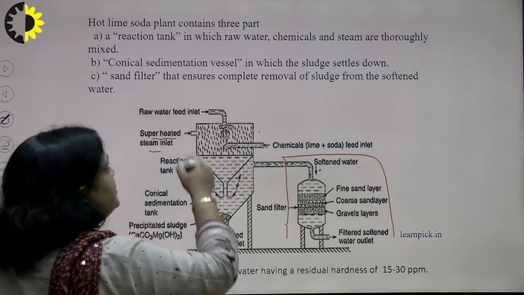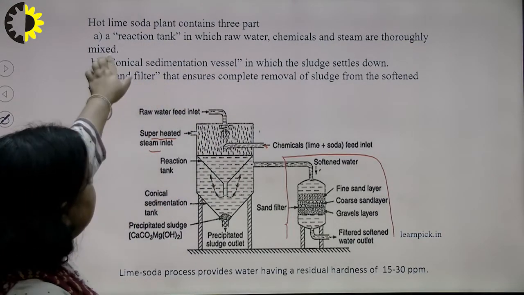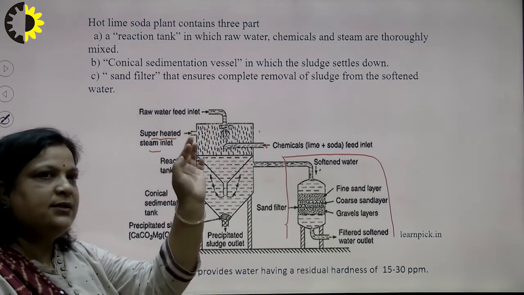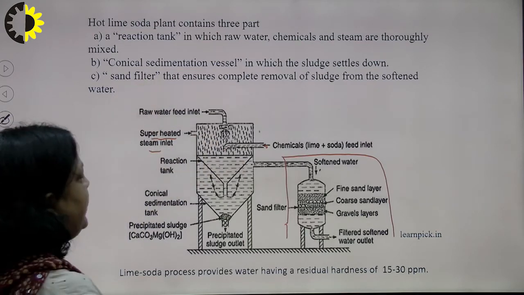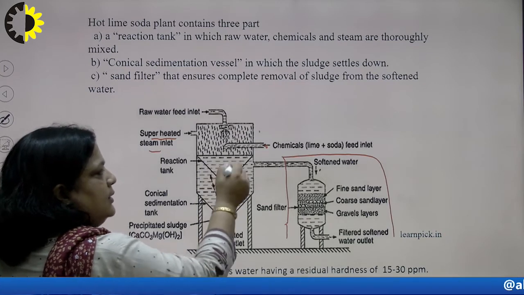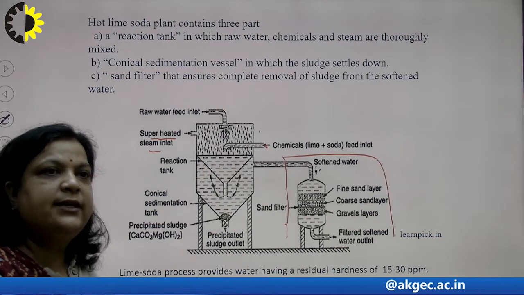So, to explain this, basically we can say that this apparatus is divided into three parts. First is a reaction tank, that is where the reaction takes place, meaning chemical plus steam plus water are mixed. Second is the conical sedimentation tank, meaning this part, and in this part the reaction occurs and sludge gets settled down.